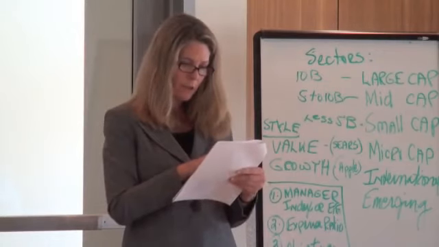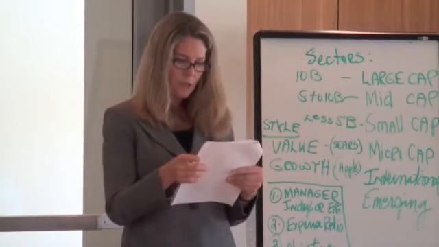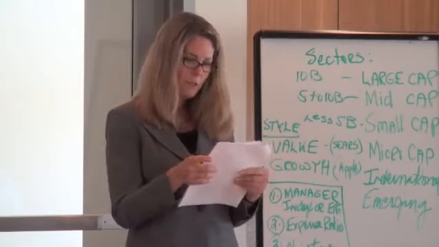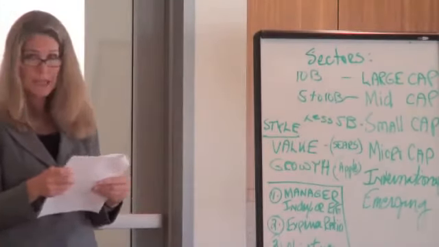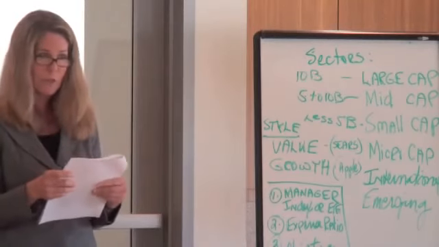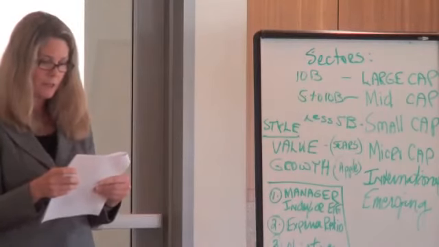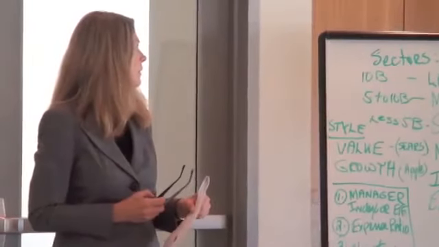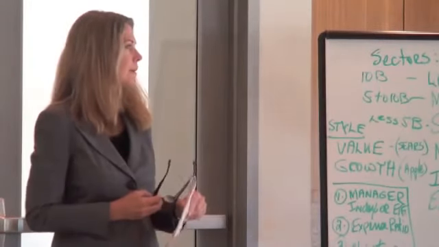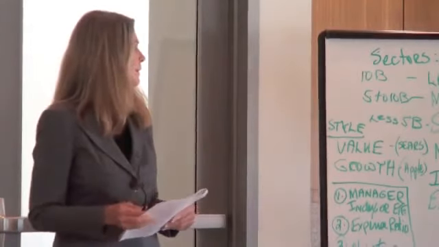In the very worst case here, on the international stocks between 2005 and 2009, 89% underperformed the index. Only 11% of those managers beat the index. That's why you always want to look at the index. Have you beaten the index? If you haven't beaten the index, you might as well go in the index, right?